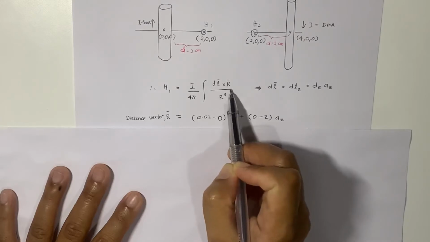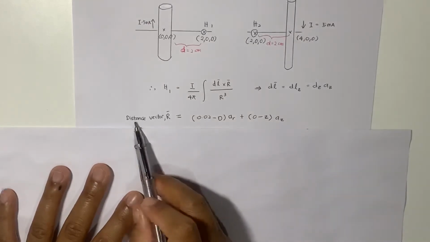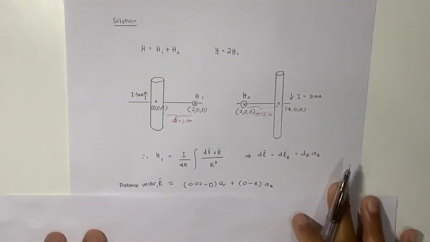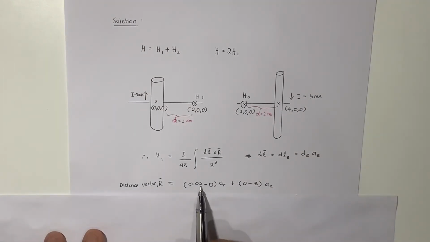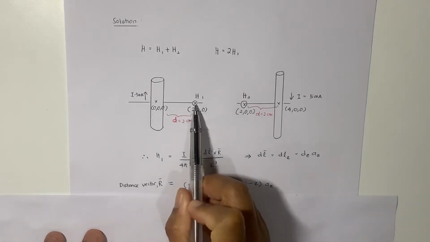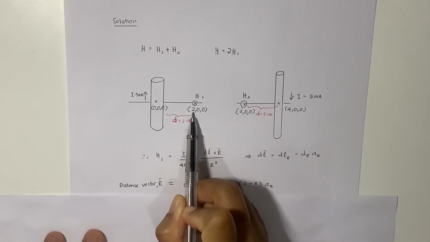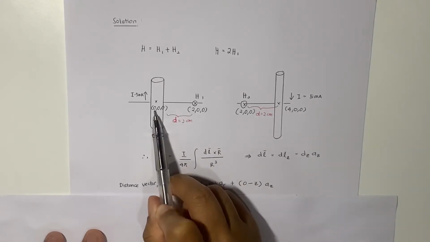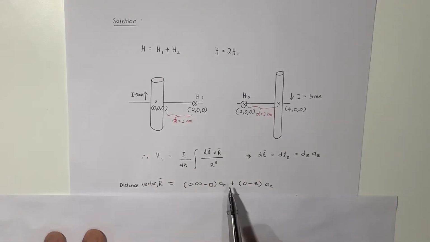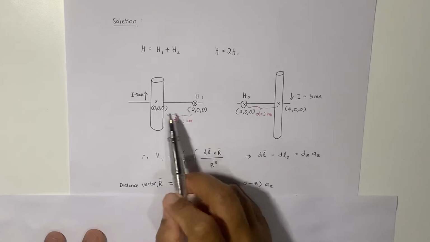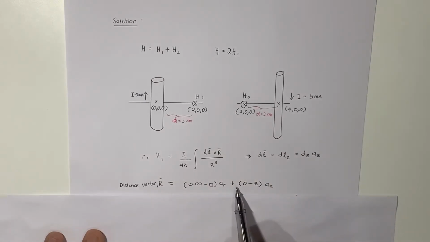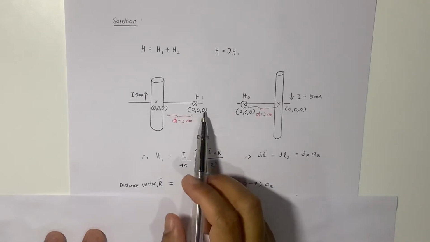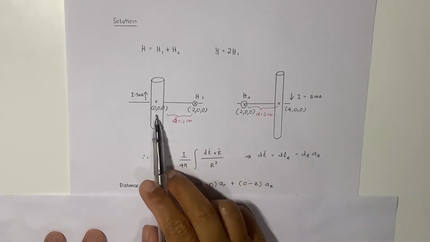The distance vector r is 0.02, which is 2 centimeter, minus 0, a_r, plus 0 minus 0, a_phi, but I don't write it here because it is just a 0 value, and then 0 minus z.